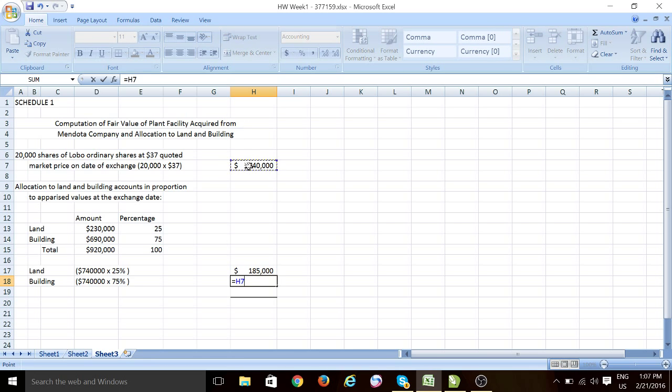So 740,000 times 75%, and we got $555,000 for the cost of the building. Let's sum them up to see if it matches the overall cost, which is $740,000.